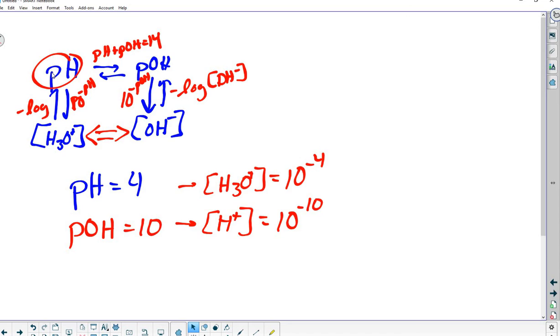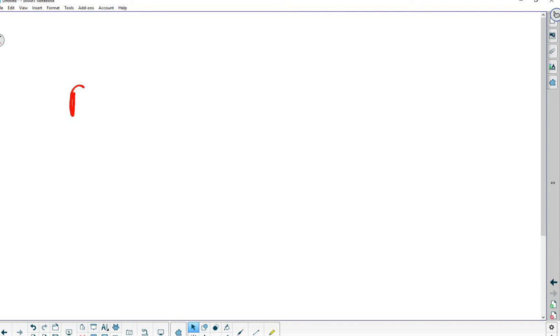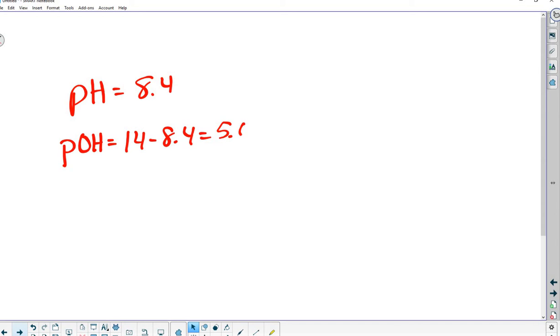Because that gave us pOH, and this gave us concentration. I put in pH instead of pOH, so you should have subtracted that from 14 first. That was the one I told you there was a problem, so make sure you change that. If they gave me pH equal to 8.4, then to get pOH, which I need to find the base, I take 14 minus 8.4, and it's 5.6.